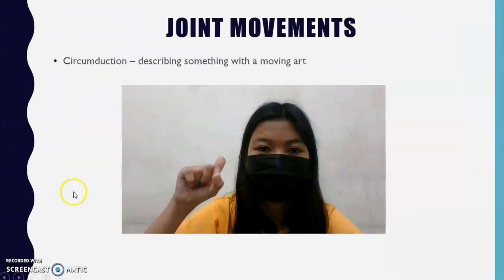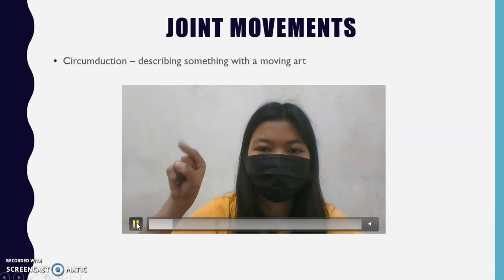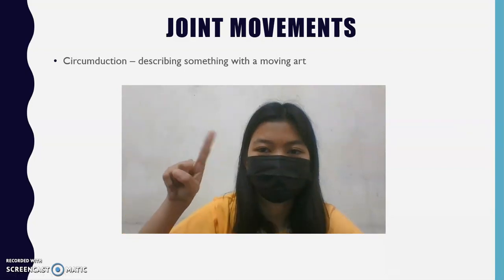Next, we have circumduction, describing something with a moving arc. Example, here is my hand describing a circle. It may be my finger or the whole hand. So, finger lang. Describing a circle, that is circumduction.